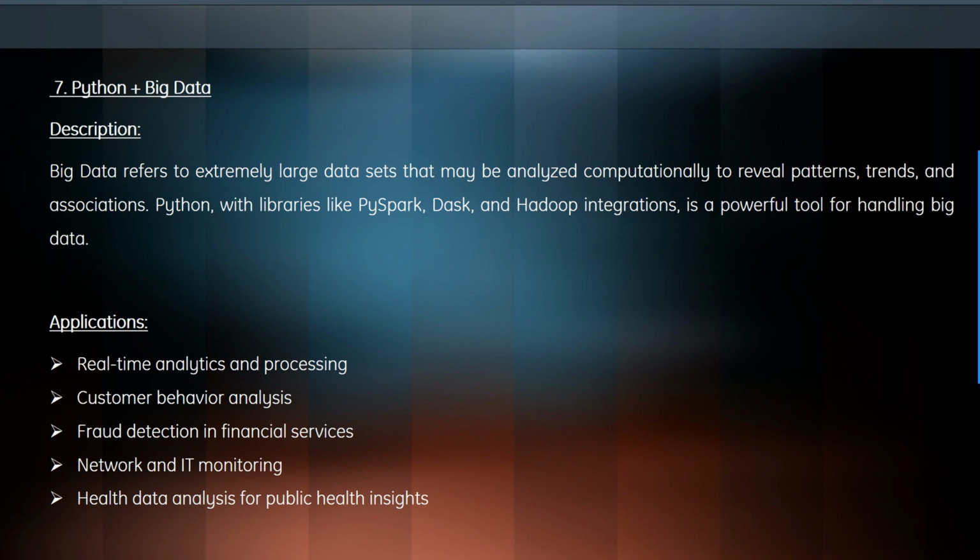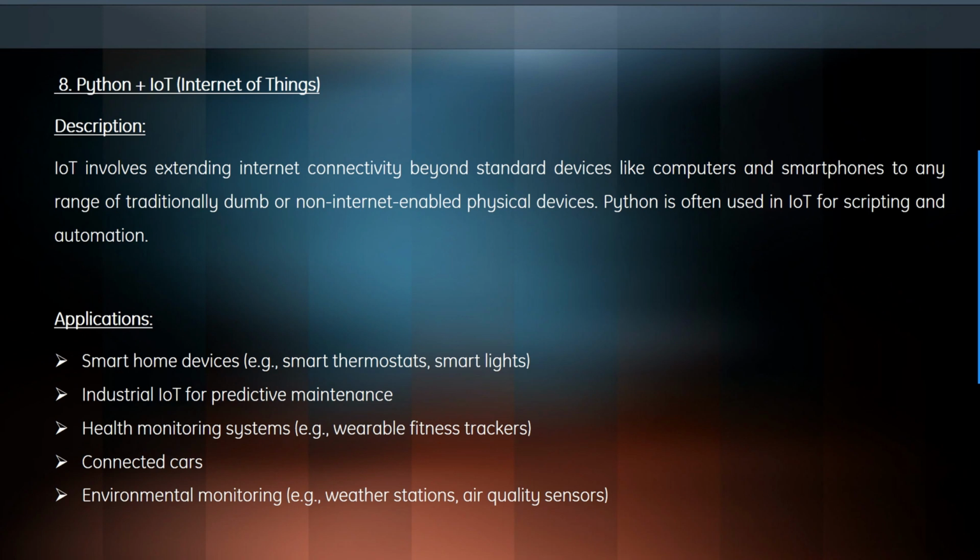So to identify any kind of pattern in the given data, we use big data. And what are the applications of these two? We have real-time analytics and processing, customer behavior analysis, fraud detection in financial services, network and IT monitoring, and health data analysis for public health insights.